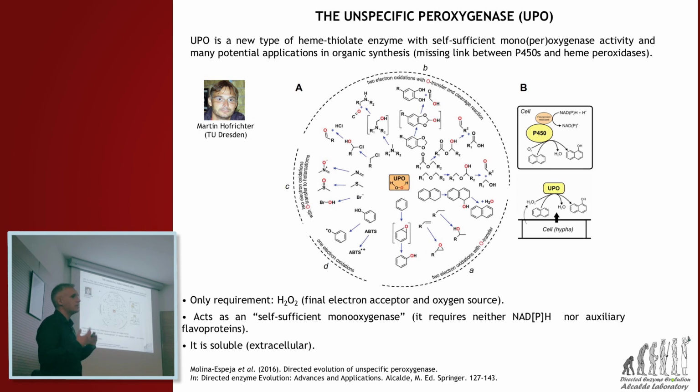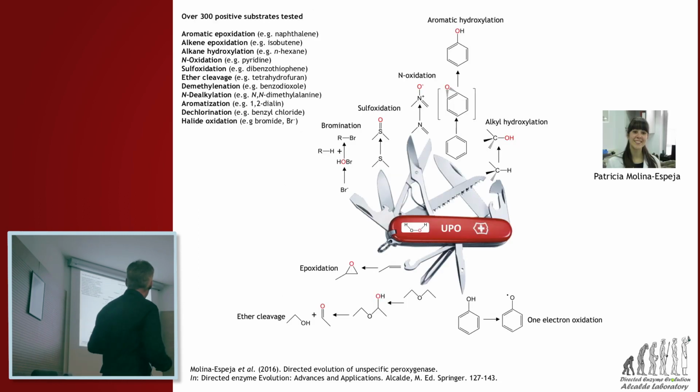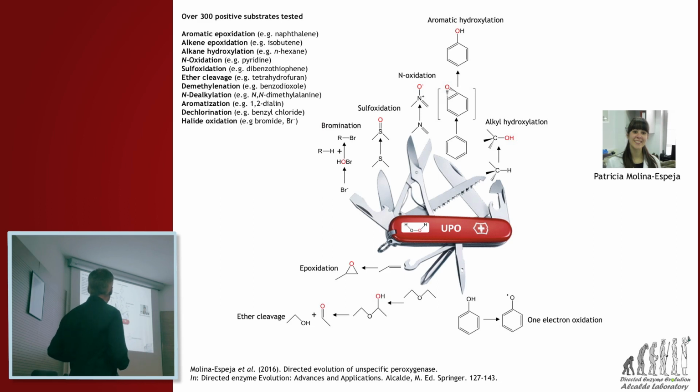They are soluble and extracellular. We've done a lot of work with this enzyme in the last few years. The repertoire of reactions that this enzyme can perform is awesome: brominations, sulfoxidations, N-oxidations, aromatic hydroxylations, alkyl hydroxylations, epoxidations, ether cleavage, and this is, as you can imagine, essential for the pharma industry.